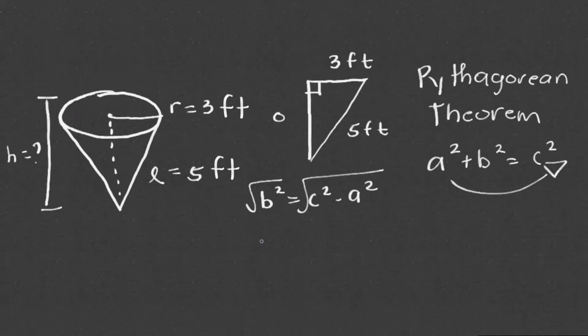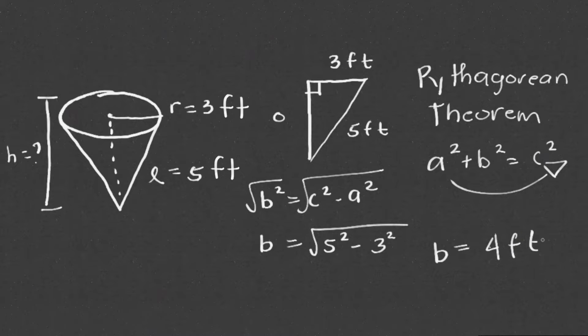So let's find the square root of both sides in order to cancel the square. Therefore, b is equal to the square root of 5 squared, which is the c, minus the a, 3 squared. Therefore, the opposite, or the b, is equal to 4 feet.